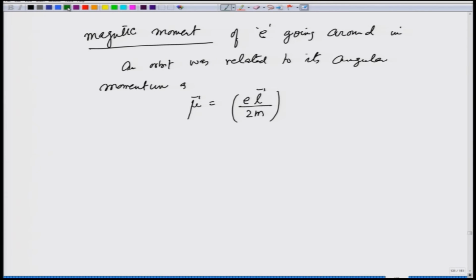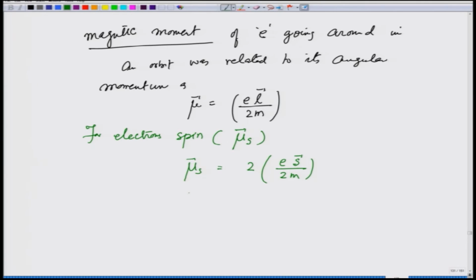What was found in the case of electron spin and the related magnetic moment mu s, experimentally, to explain the splitting of lines and all that, was that mu s was 2 times e spin divided by 2m, and therefore mu spin z was 2 times e h cross by 2 over 2m, or minus 2 e h cross over 2m for the electron.